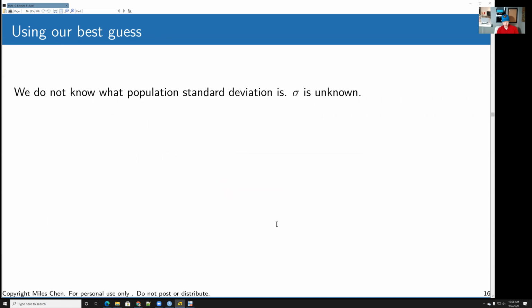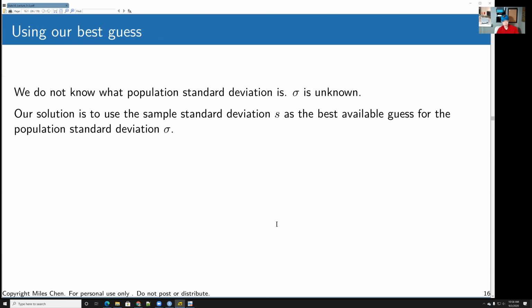And so what we're going to do is use the standard deviation of our sample, which is S, as our best available guess for what the standard deviation of the population is. The standard deviation of the population is some spread, some value that we don't know.